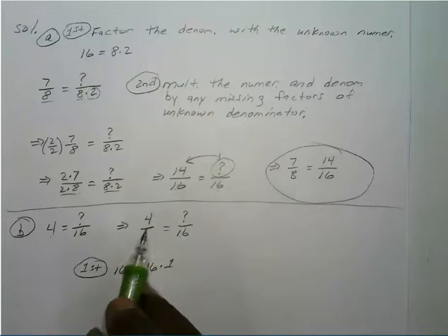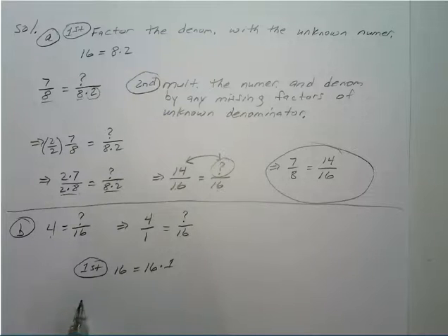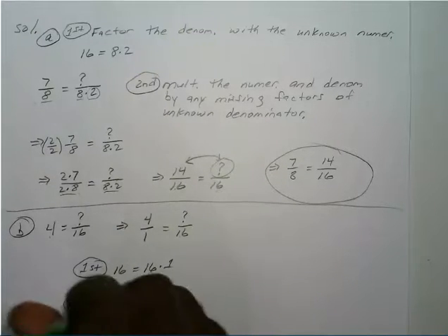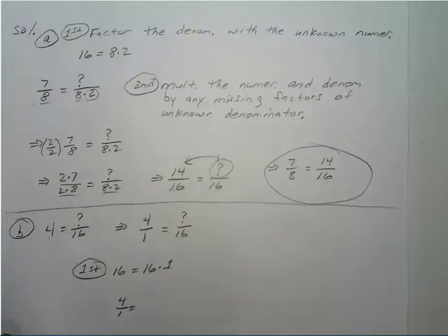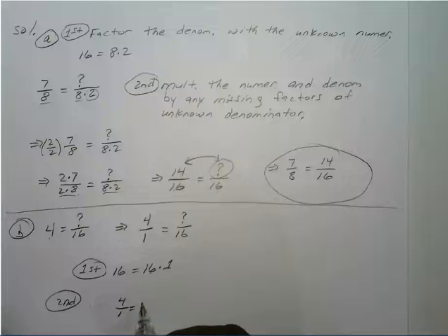Okay, so now we have our second step. We have 4 over 1. Let me give that a little more room. For a second step, 4 over 1 equals some unknown over 16.